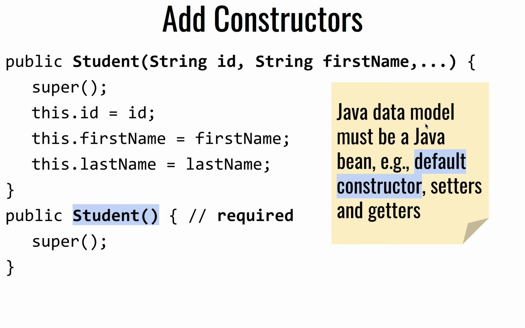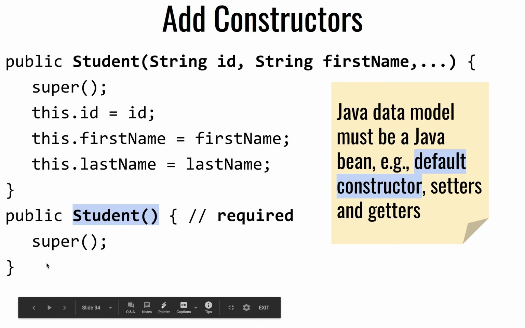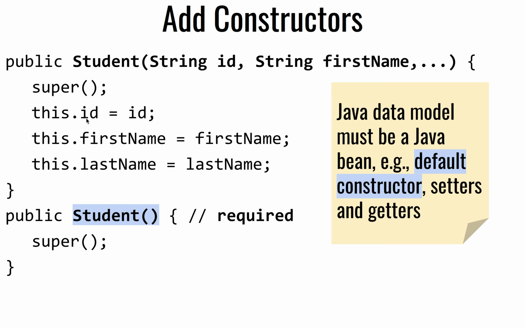The conventions of the Java Bean are that all classes need to have the default constructor, and here we have it. The default constructor is required, so if you are overloading the constructor, make sure that you still have the default constructor available.